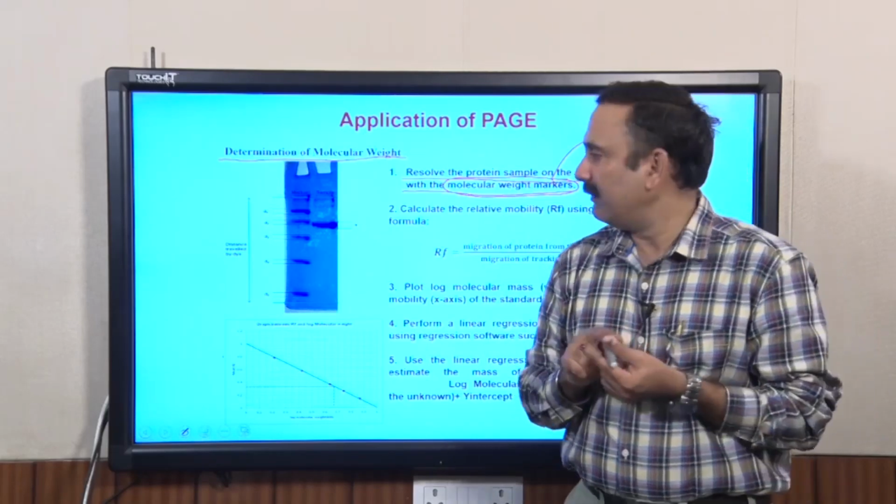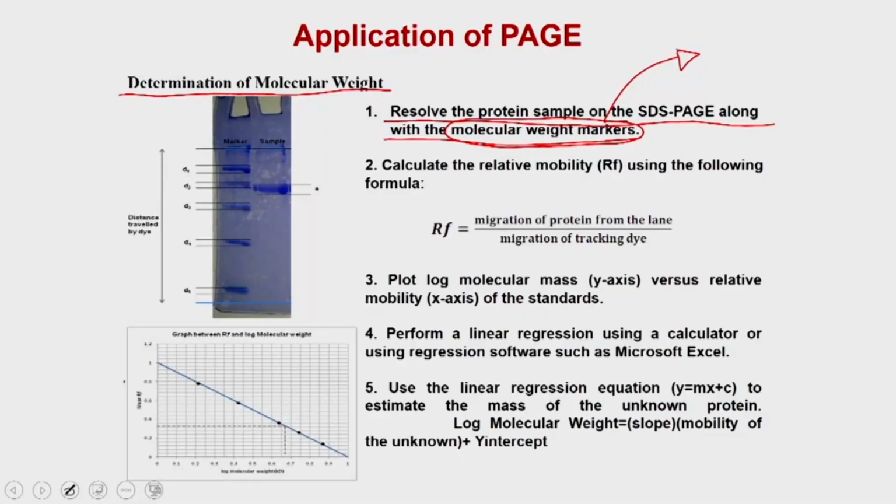So, you know the molecular weight corresponding to each band. For example, in this case we have different bands, and for all the proteins present in the molecular weight marker, we already know the mass of each band.